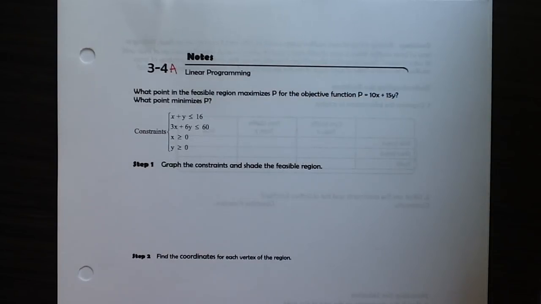Other limited resources might be time or the amount of workspace that we have. And in addition to these limited resources, we want to optimize something. In other words, we want to either minimize the cost of producing something or maximize the profit that we are earning in a situation.